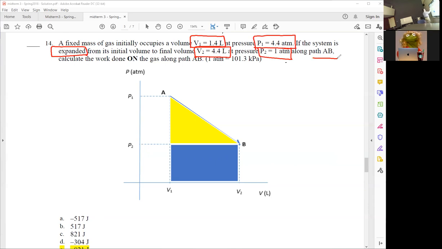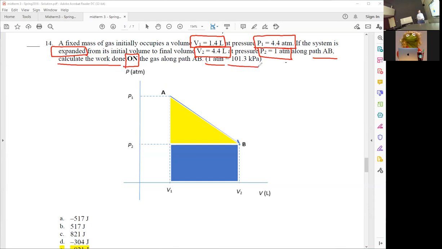Now calculate the work done on the gas, and we're highlighting also the keyword on. The work done on the gas along path AB.